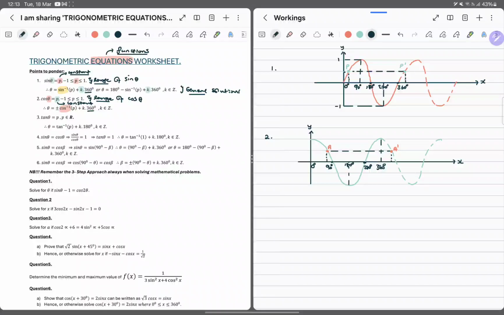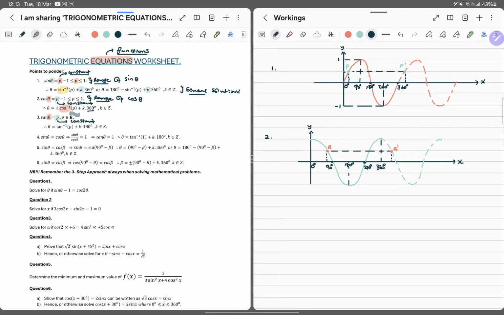All right, guys, so I hope this is very clear. Now let's have a look at tan theta. Now that angle theta, it's a variable, we understand it, but P is a constant. Remember, P is always a constant here. But now look at this.